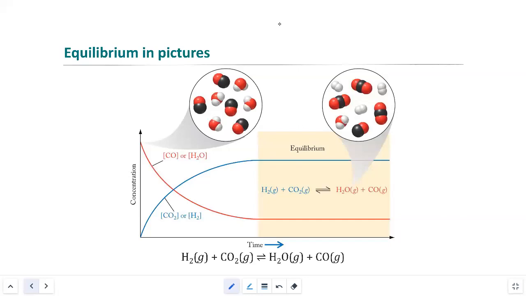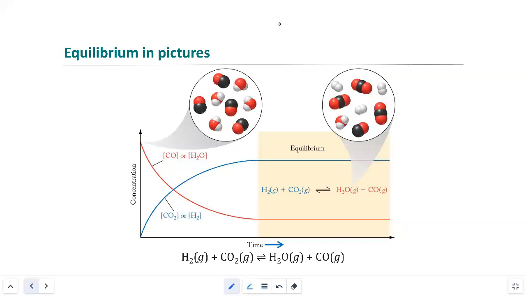Now, what's interesting about this, if I look at my graphs here, I'm actually starting with the opposite. I'm starting with the products. I've got water vapor and carbon monoxide in high concentration at the beginning of this reaction. As the reaction proceeds, the carbon monoxide and water are going to turn into hydrogen and carbon dioxide.